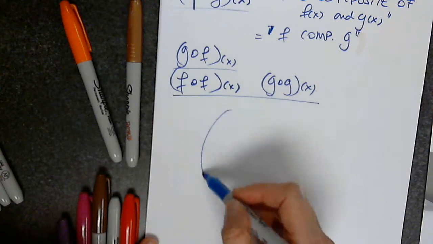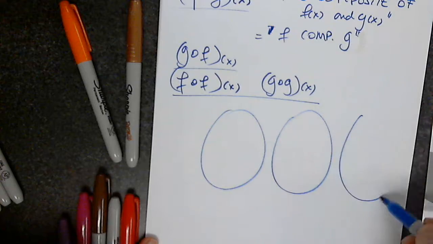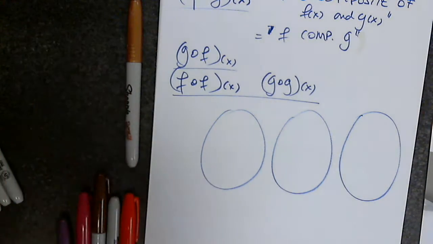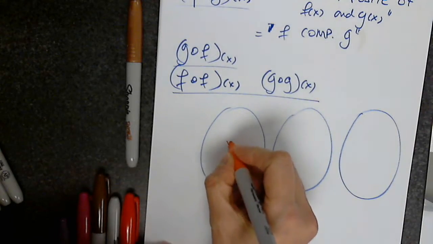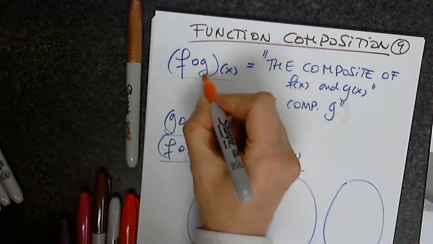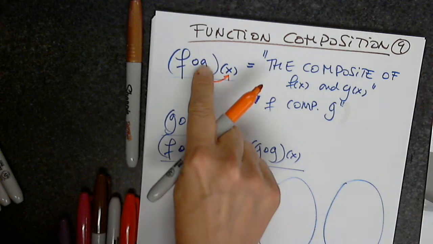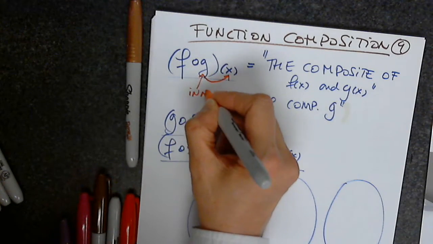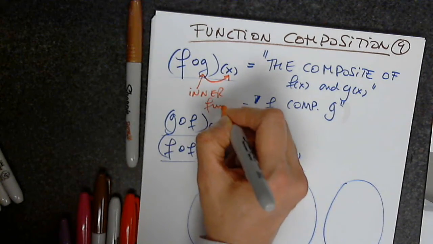Here's what it means. Let's suppose I have x here. G is the closest function to x. That's why this will be called the inner function.